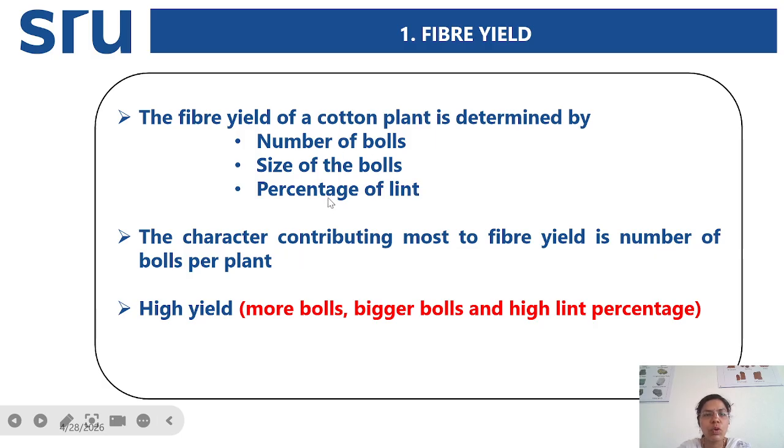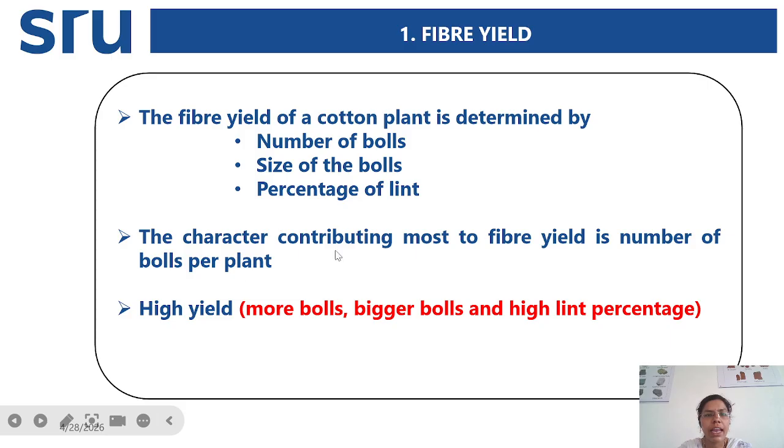The plant should have a greater number of bolls, the size of the boll should be big, and the lint percentage, which is the removal of the cotton fiber from the seed, should be high. So fiber yield depends upon three characters: the number of bolls, the size of the boll, and the lint percentage. Then only the fiber yield is more.